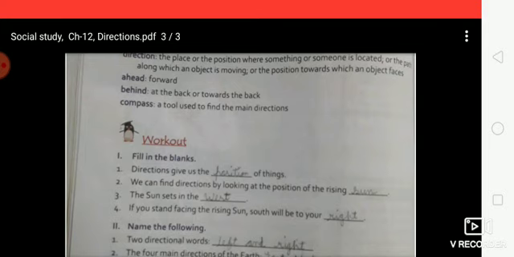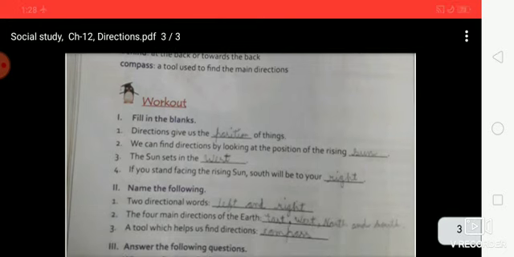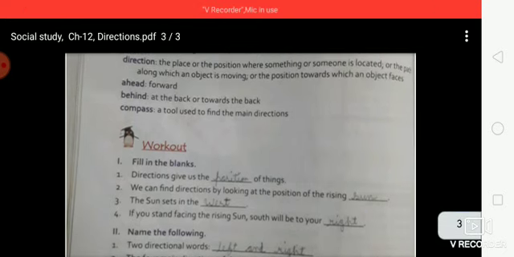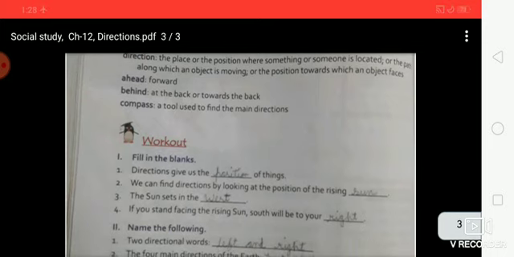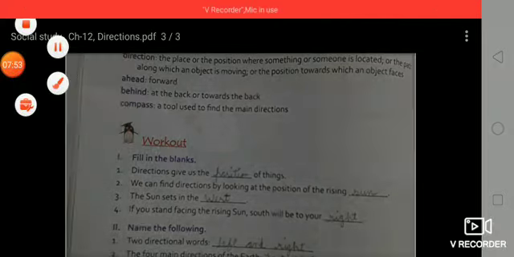Ahead, forward. Behind: at the back or toward the back. Compass: a tool used to find the main directions.